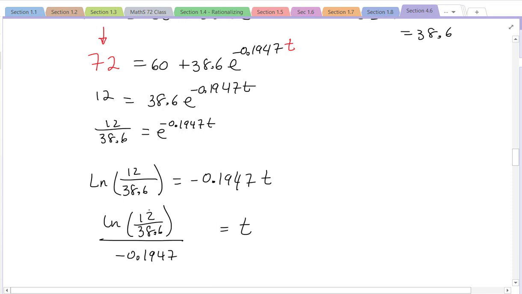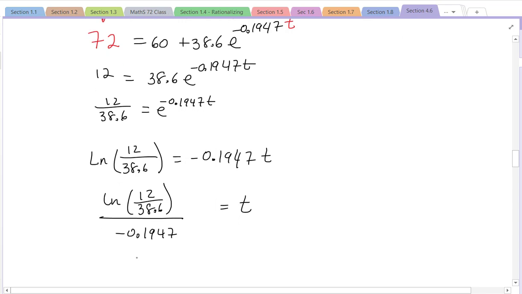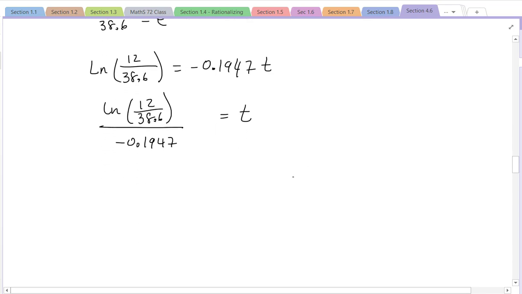Again, 12 divided by 38.6 is less than 1, so the natural log of something smaller than 1 is negative. Divided by a negative, you get a positive. Let's make sure that I actually do put the positive there. So do that on our calculator, and I got positive 6.000. That's pretty exact, so we can say t is 6 hours.